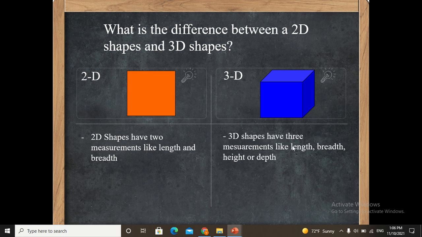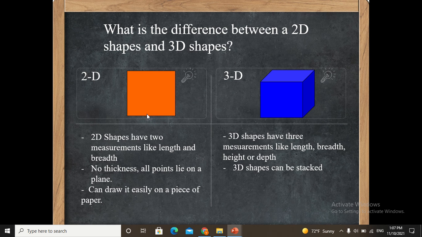But 3D shapes have three measurements, like length, breadth, and height or depth. 2D shapes have no thickness, only points and lines on a plane, but 3D shapes can be held. A 2D shape can be drawn easily on a piece of paper, but a 3D shape is harder to represent than a 2D shape. This is the difference between 2D shapes and 3D shapes.